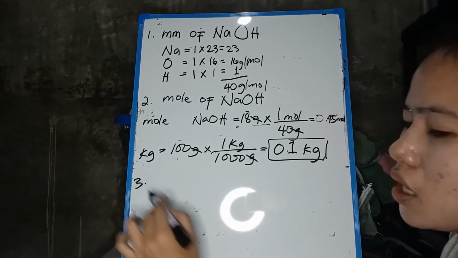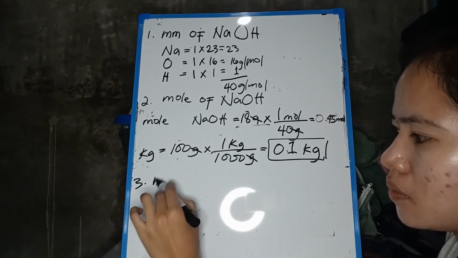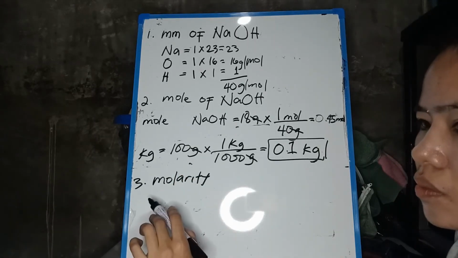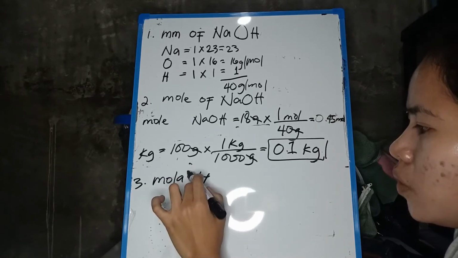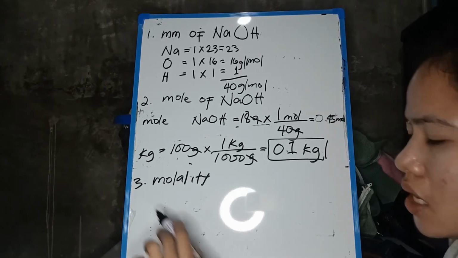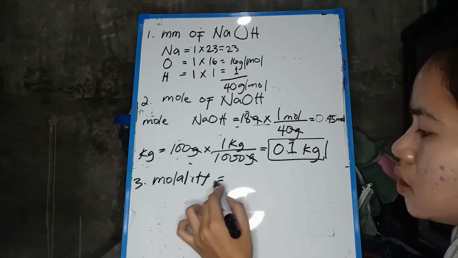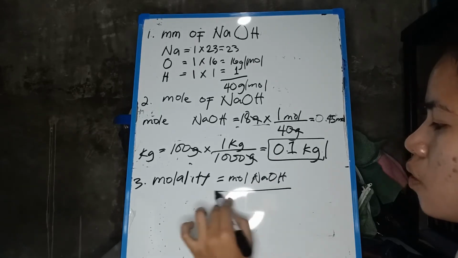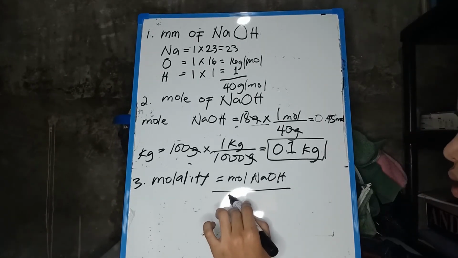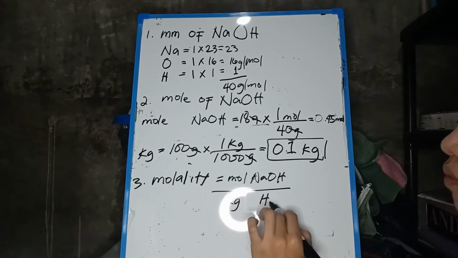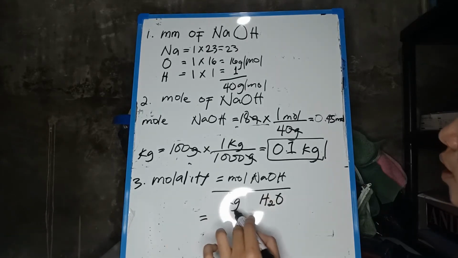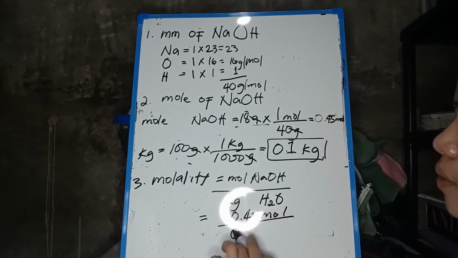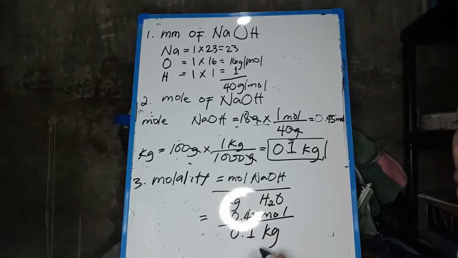So, we can now determine our molality. So, molality is equals to mole of NaOH over mass of water. So, mole is 0.45 over 0.1 kilogram.